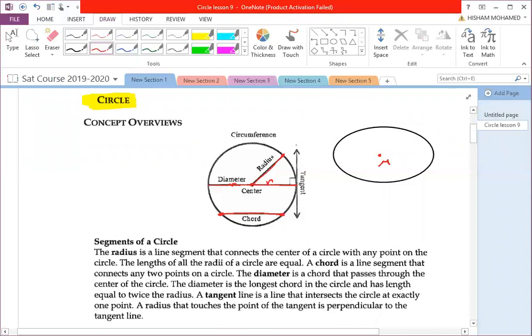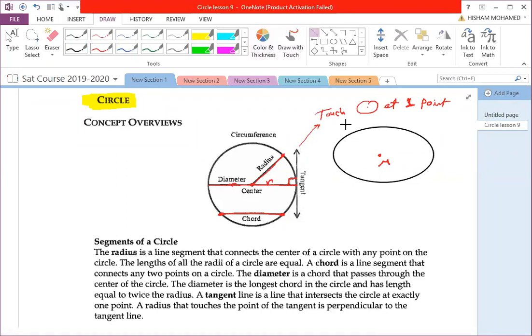Tangent: it's a straight line which touches the circle at only one point, not more than one point. And the tangent is perpendicular to the radius.